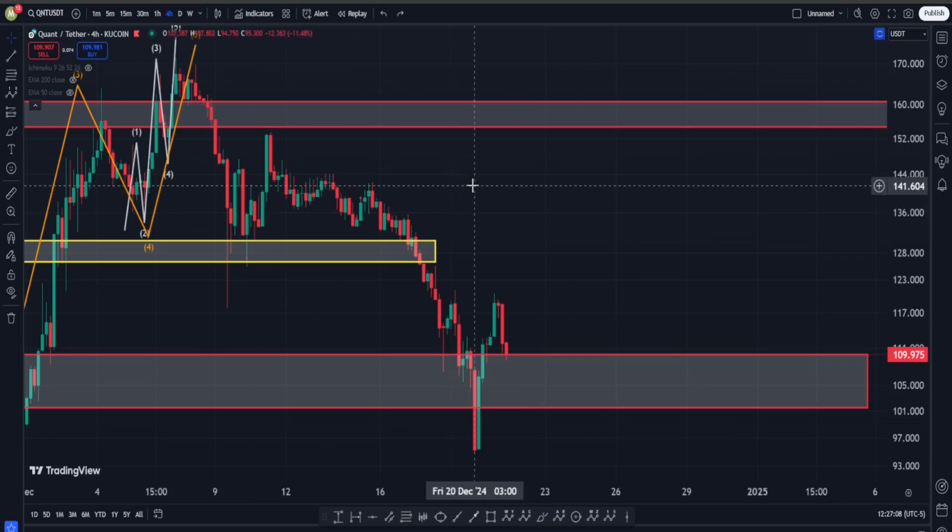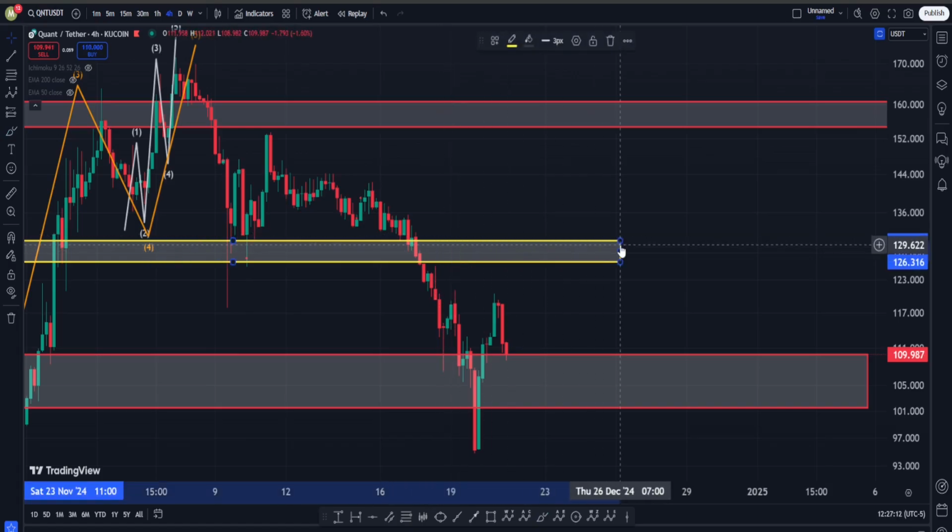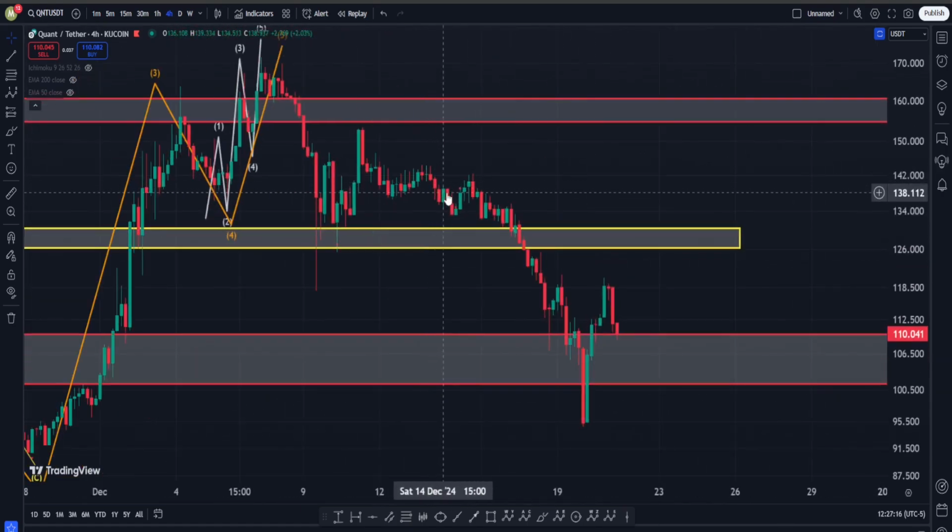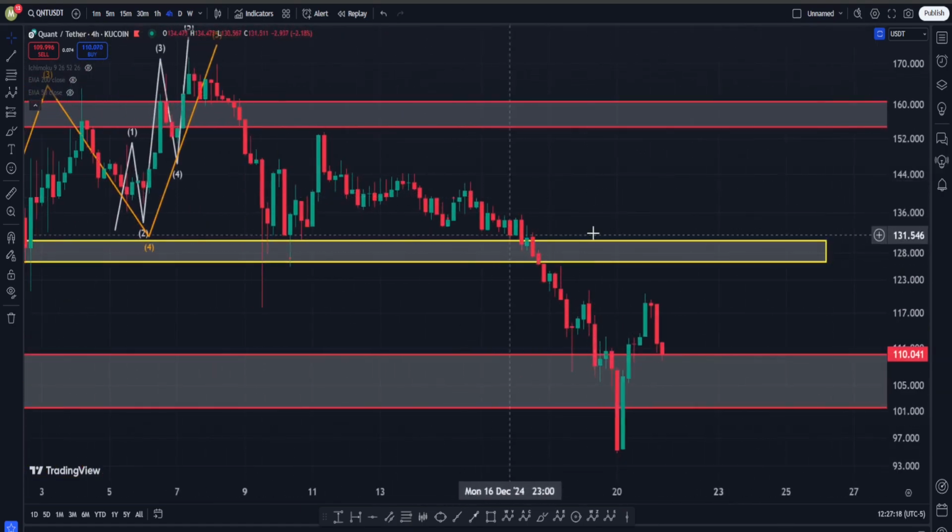And if you remember in the previous videos about QNT, we were saying, look, in terms of classic TA, meaning support and resistances, we have a very important support area in here between $126 to about $130.